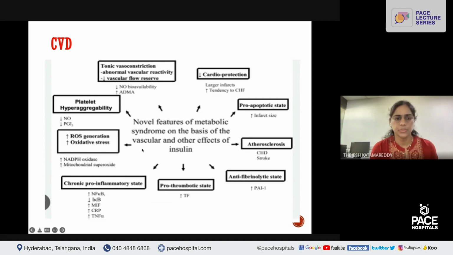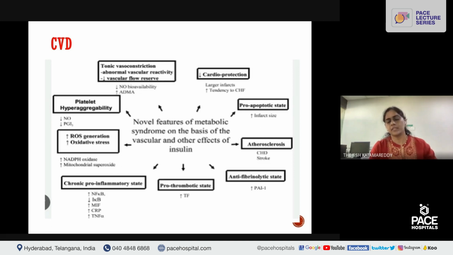This also shows the same thing: what are the effects of metabolic syndrome on the cardiovascular system. It causes tonic vasoconstriction, leading to decreased vascular flow, decreased nitric oxide in the blood vessel, and decreased cardioprotection, and it will lead to congestive heart failure. This inflammation will lead to a pro-apoptotic state, and the infarct size will increase.